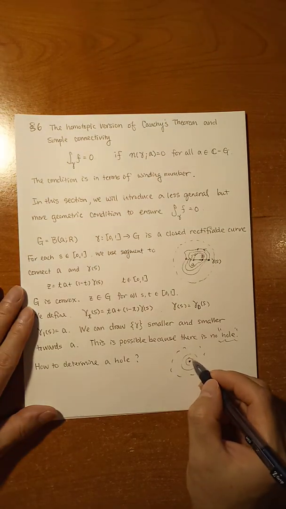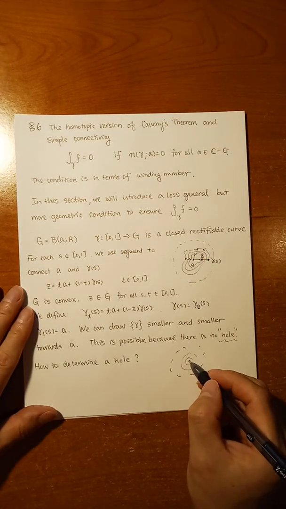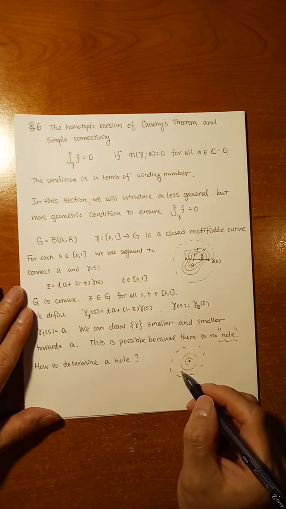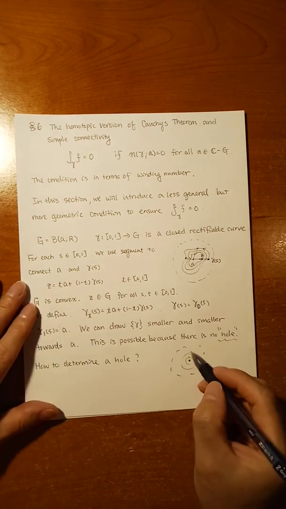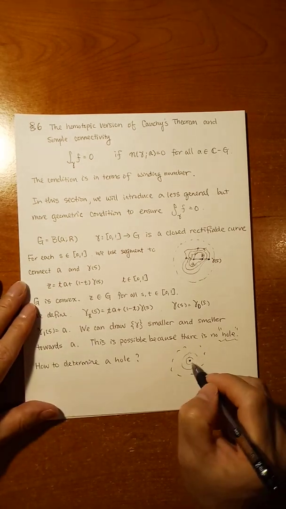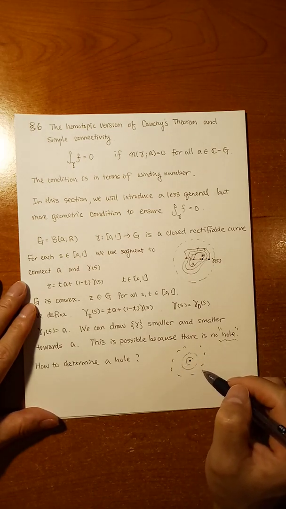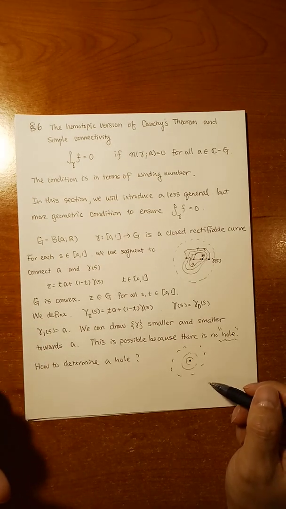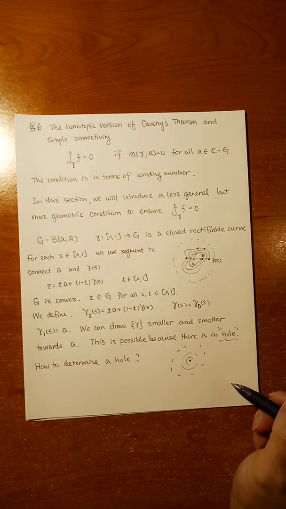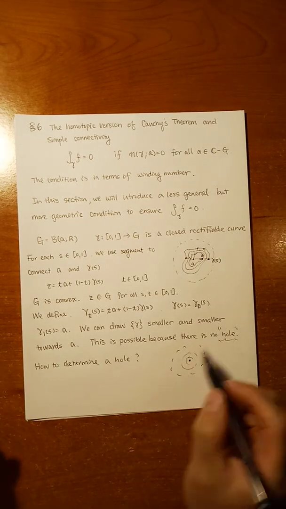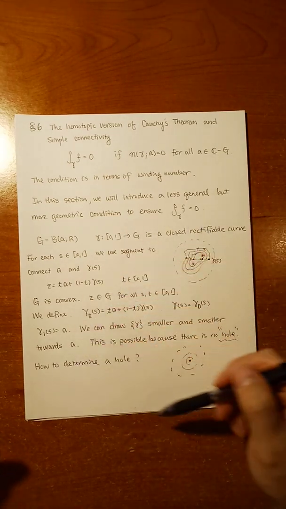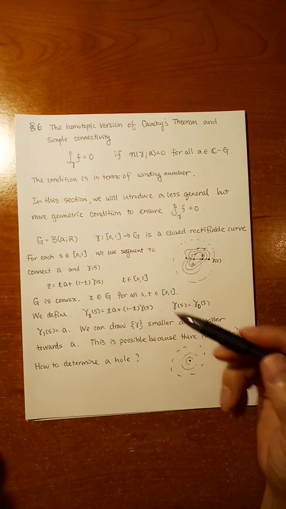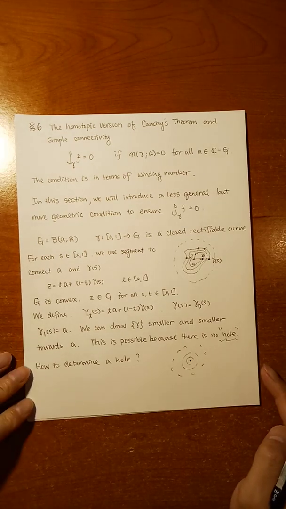But if there is a hole, when you shrink this rubber band, eventually it will hit the missing point. So you shrink a curve to a point: if that point belongs to the set, it's not a hole; if that point does not belong to the set, it is a hole. Okay, so that is the idea. To make this idea more concrete, we have the following definition.